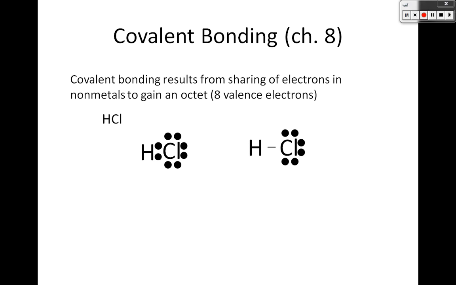And we write it like this. So what we've done is we take the 2 electrons that are shared, and we draw a single line to show a single bond between the 2. So each bond is 2 electrons. And that's what covalent bonding is.